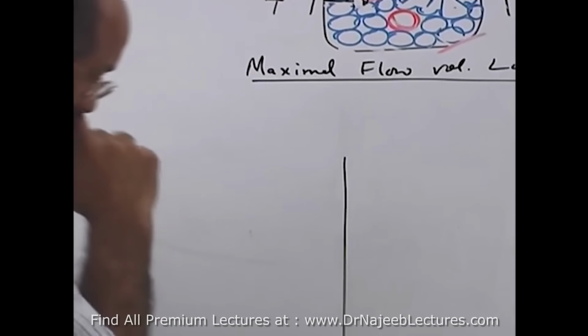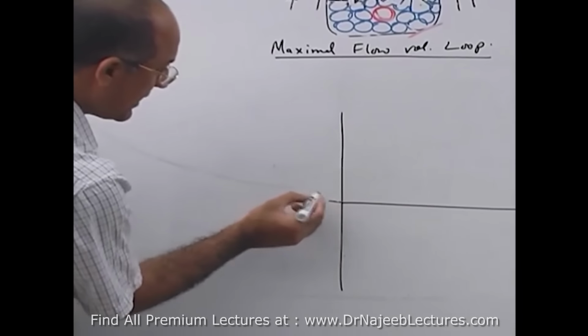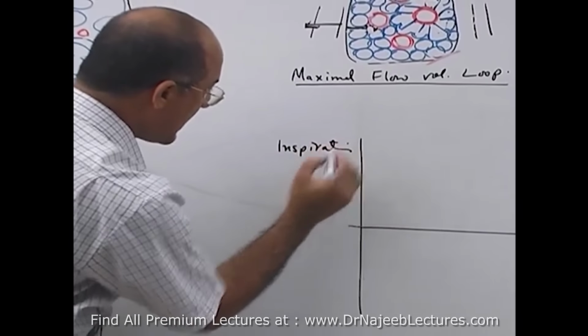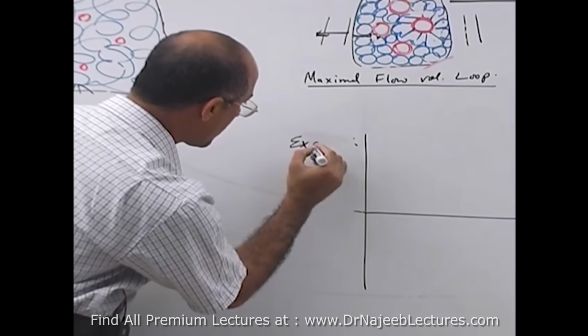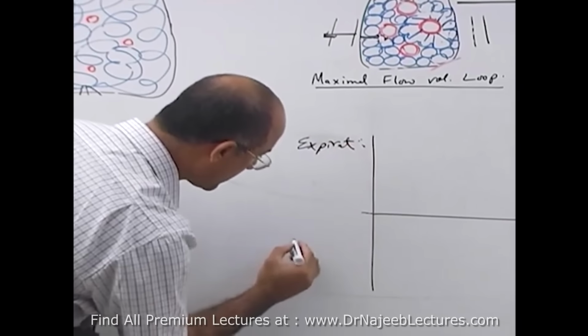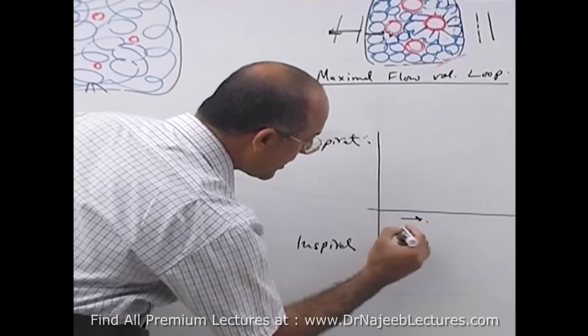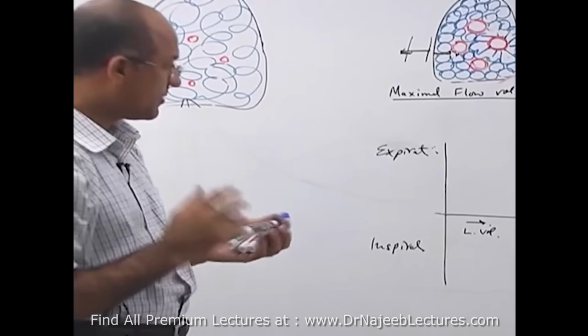Let's suppose above, this is expiratory flow, expiration, and here I put inspiration. Here I put lung volume, right?